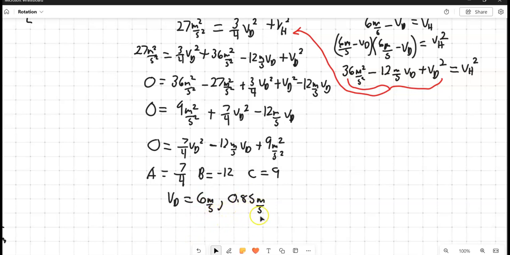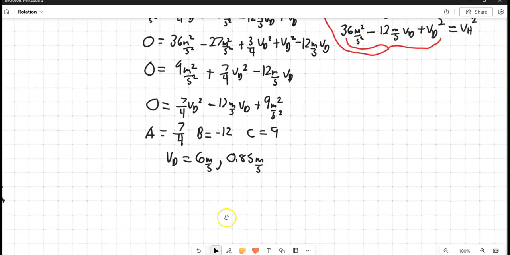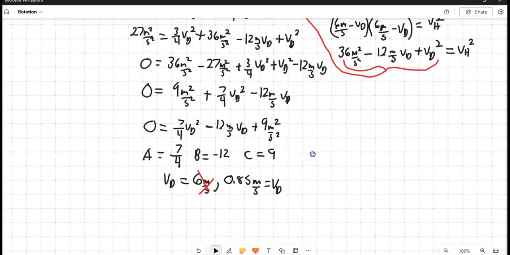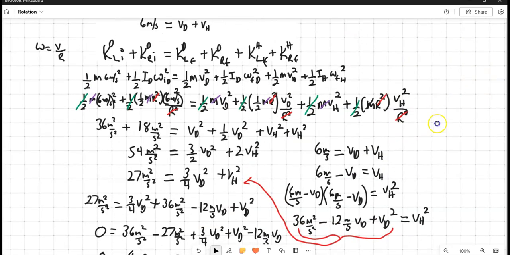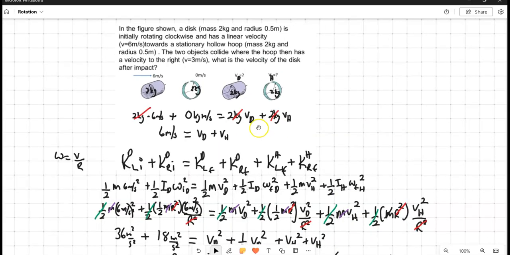So that leaves this as the only logical answer to this problem. VD is not going to be 6 meters per second. In fact, this is going to be VD, the velocity after the impact, and it's going to be positive. So 0.85 is going to be the speed of the disc after impact.